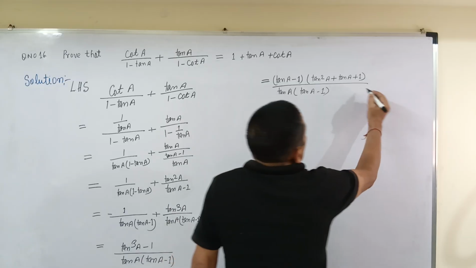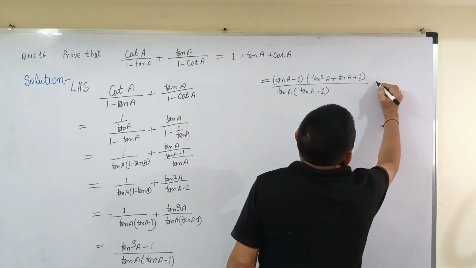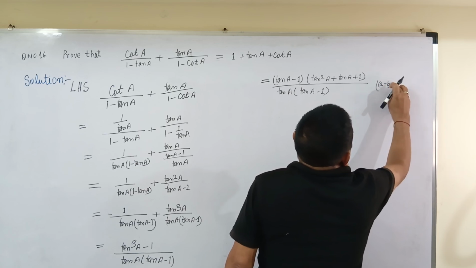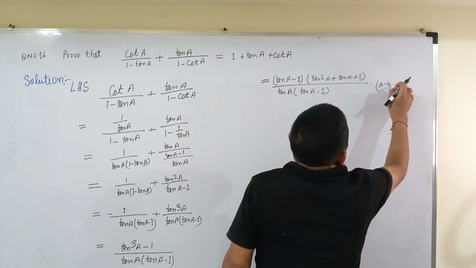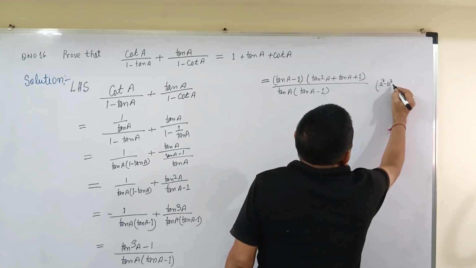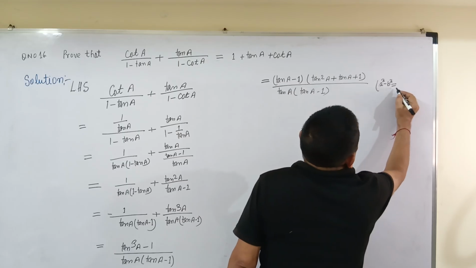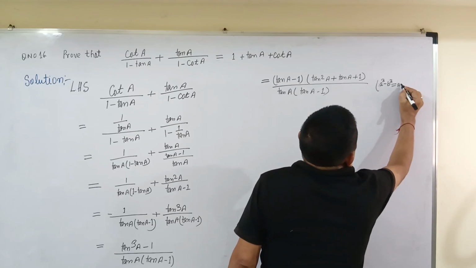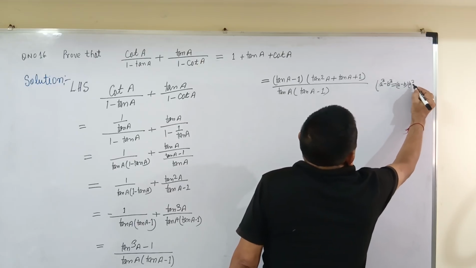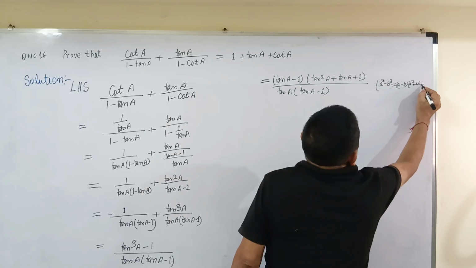Now here the formula used is A cube minus B cube equals to A minus B into A square plus AB plus B square.